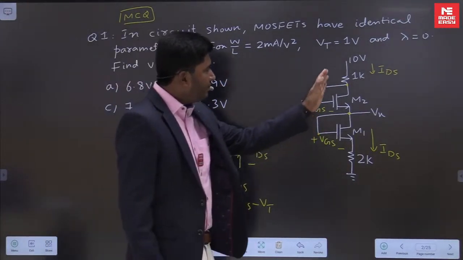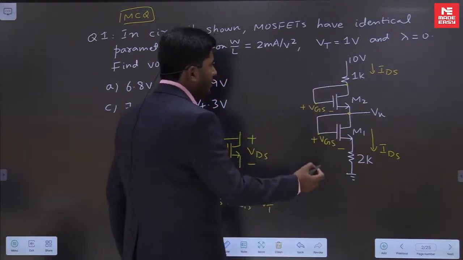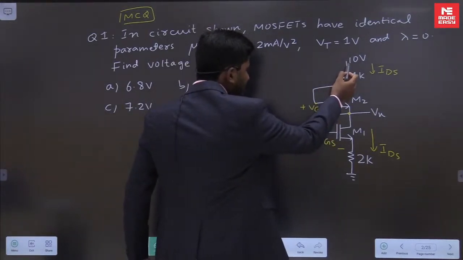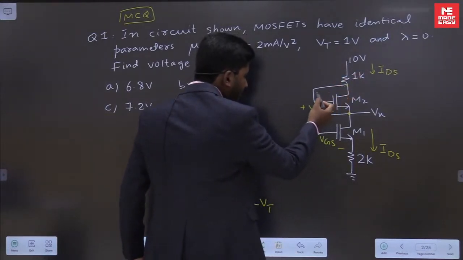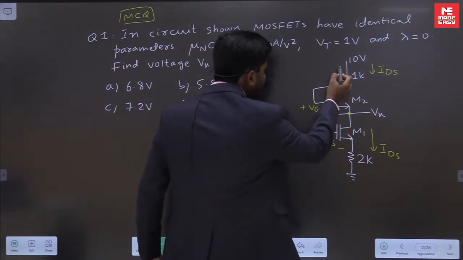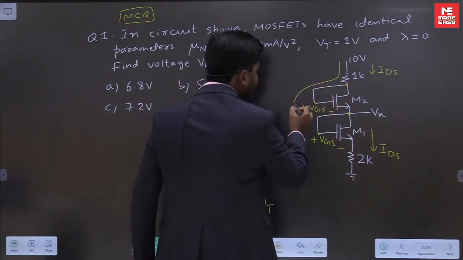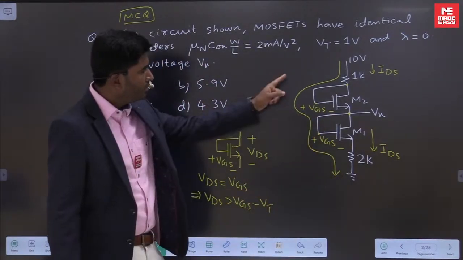Then we will apply KVL in this loop. If I apply KVL like this, I will get 10 is equal to 1 into IDS plus VGS plus VGS plus 2 into IDS. Use KVL in this loop.